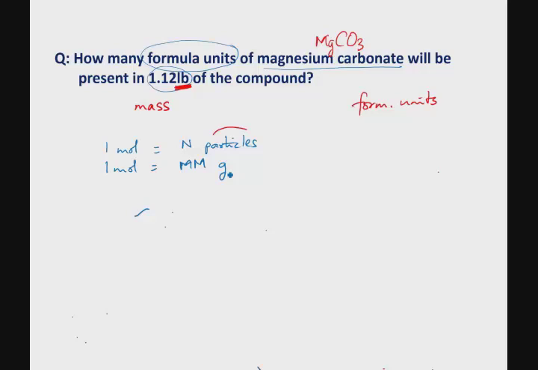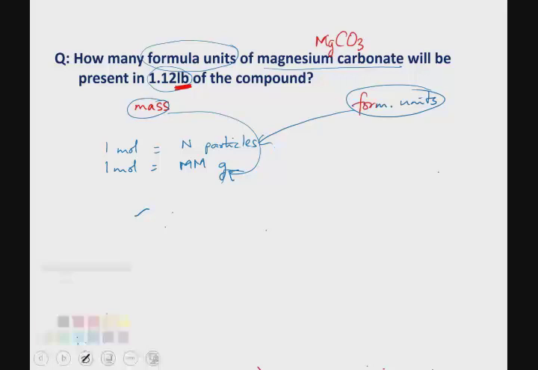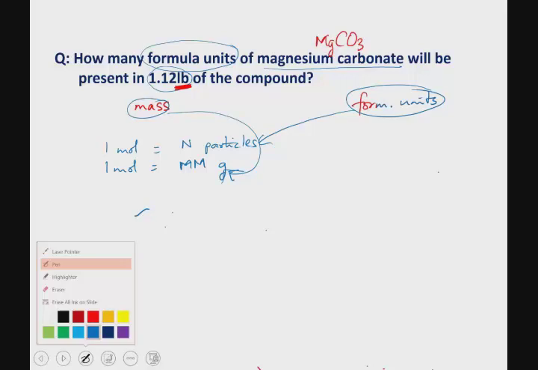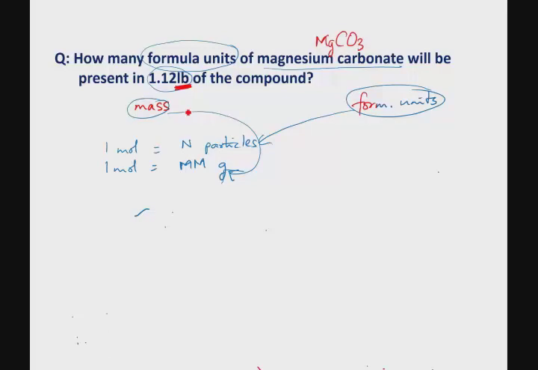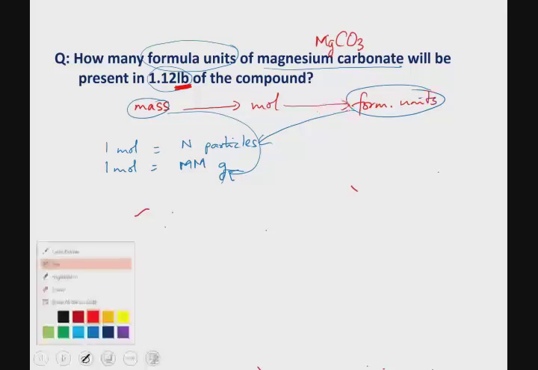So as you notice, at one end we've got the mass, that's what we are given, and they're asking us to calculate particles. Both of those are part of different equations. So this is not a one-step problem. This will have to be solved in a couple of steps going through moles. In other words, mass can be converted to moles using the molar mass equation, and then moles will be converted to formula units given the Avogadro's equation.